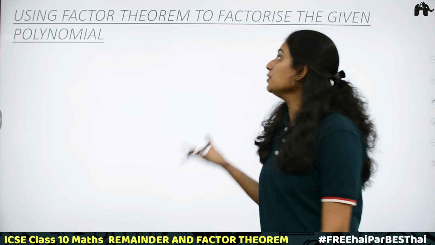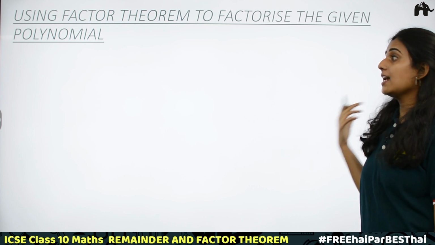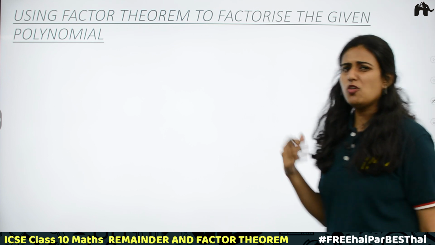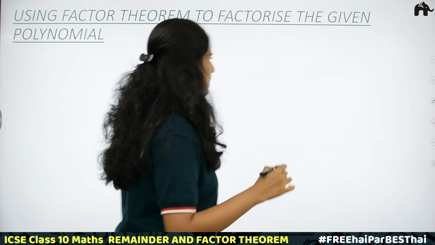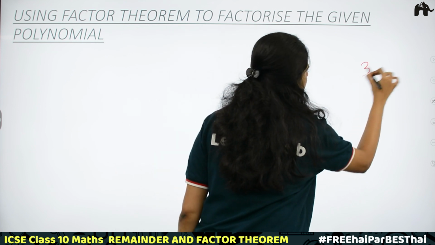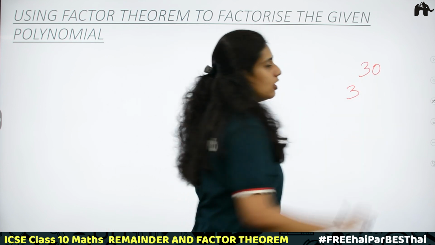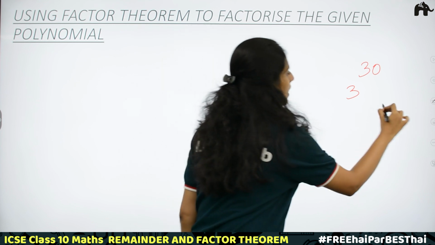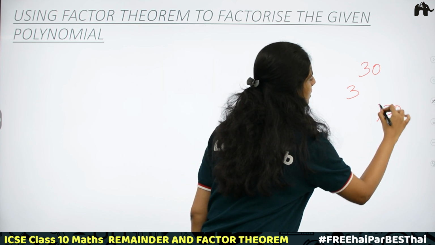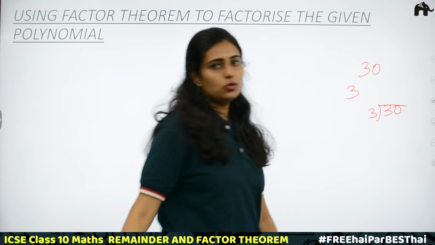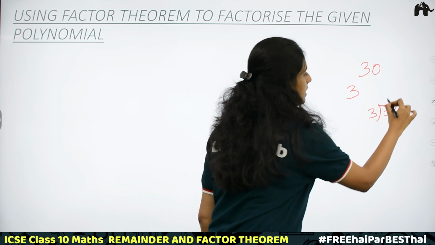Let's see how to use factor theorem to factorize a given polynomial. Now, what are factors? We have studied about factors. Let us take a number 30, okay? And I am giving you that 3 is a factor of 30. Then, dividing 30 with 3, what do we get? We'll be getting 10.